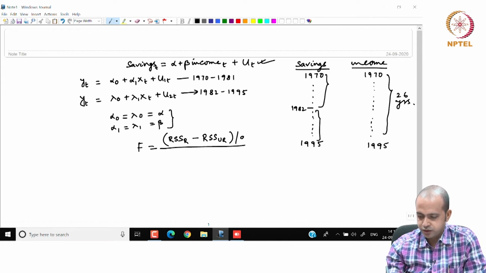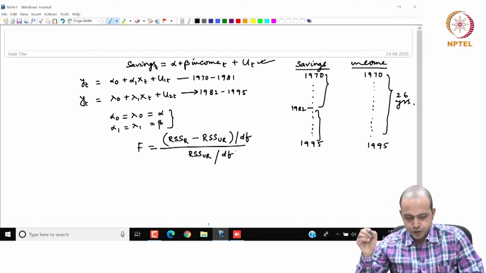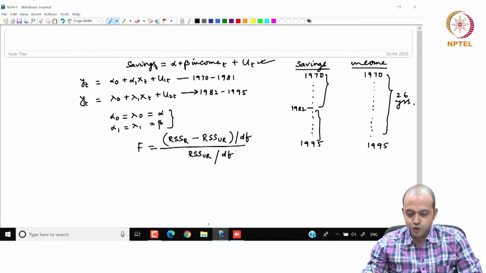divided by its degrees of freedom, and the denominator is RSS unrestricted divided by its degrees of freedom. What is the degrees of freedom for the numerator?